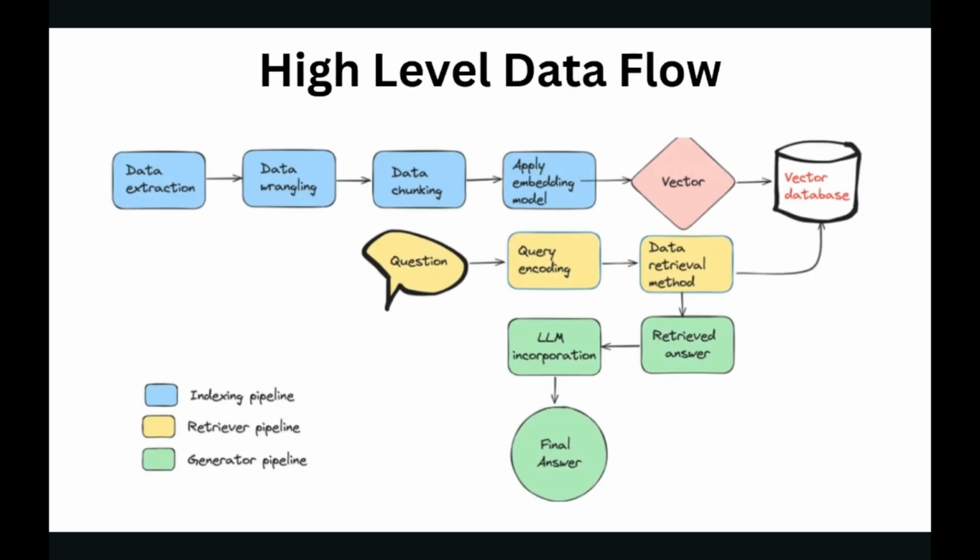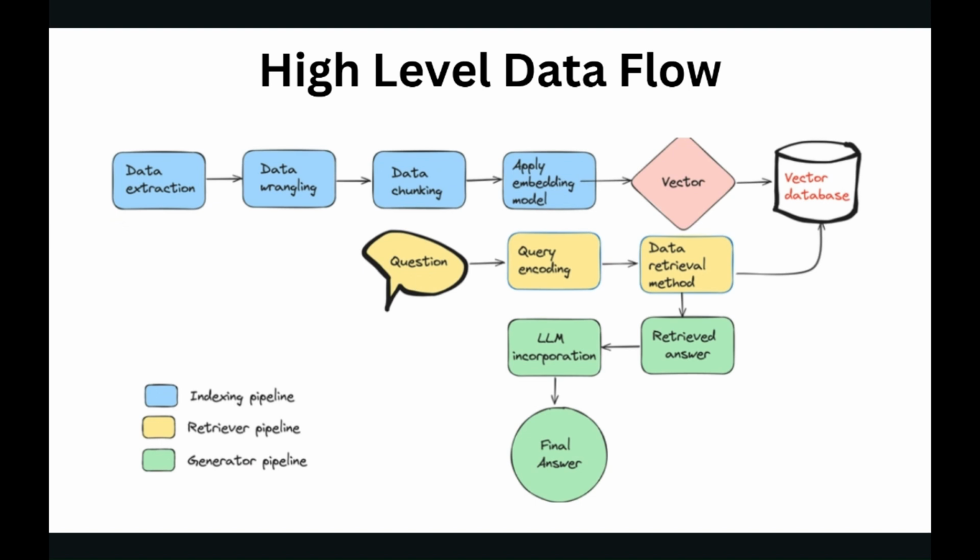So here you can see that we have got three steps. First one is the indexing pipeline, then retrieving the data from the pipeline, and the generator pipeline. So the first step is where you are customizing for an organization or for your personal use. So assume that I have a set of documents.